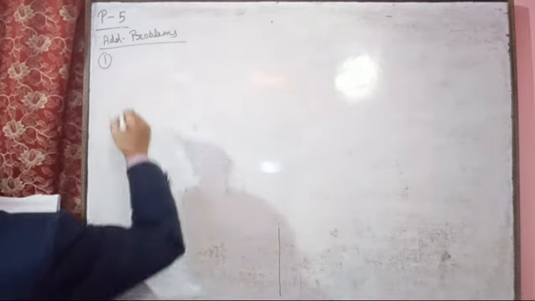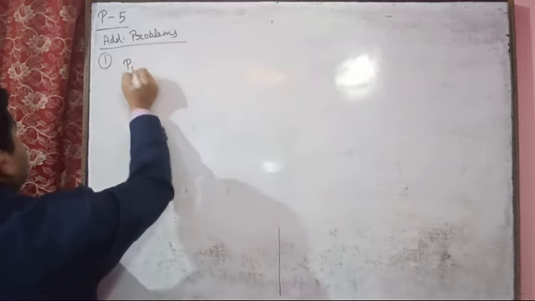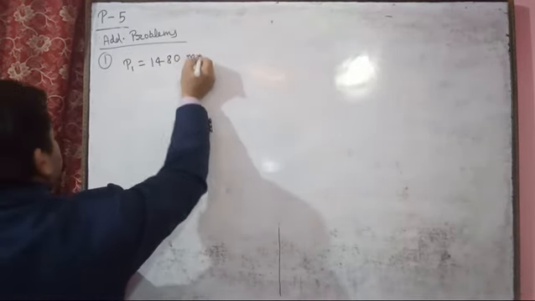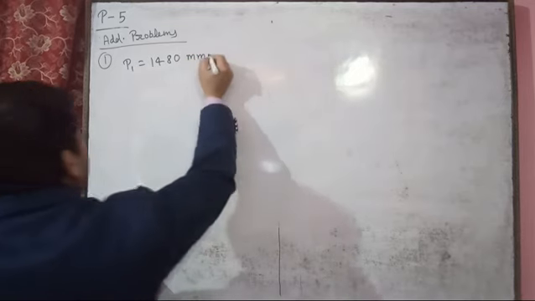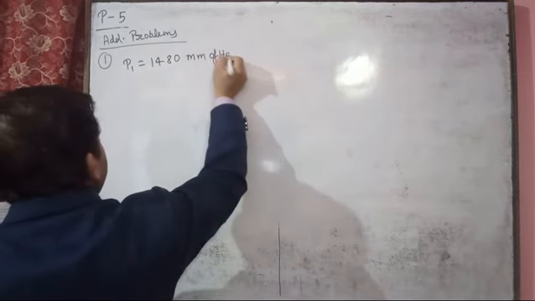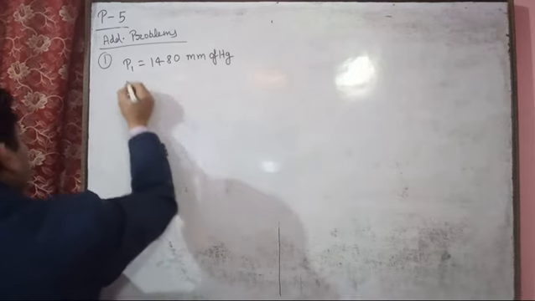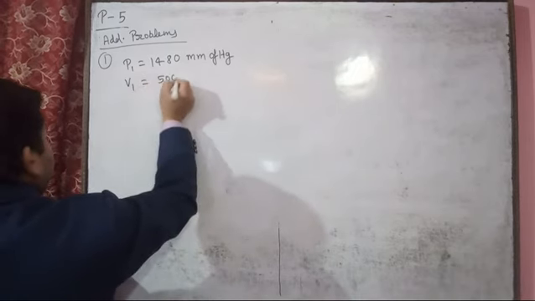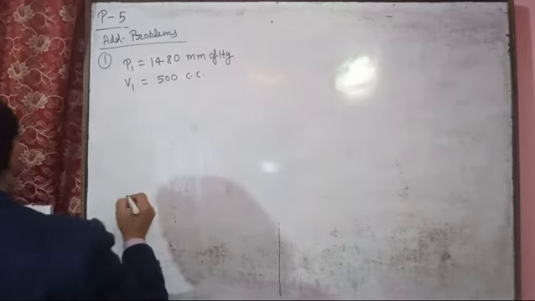So here the pressure P1 is given as 1480 mm of Hg, and volume V1 is given as 500 cc.